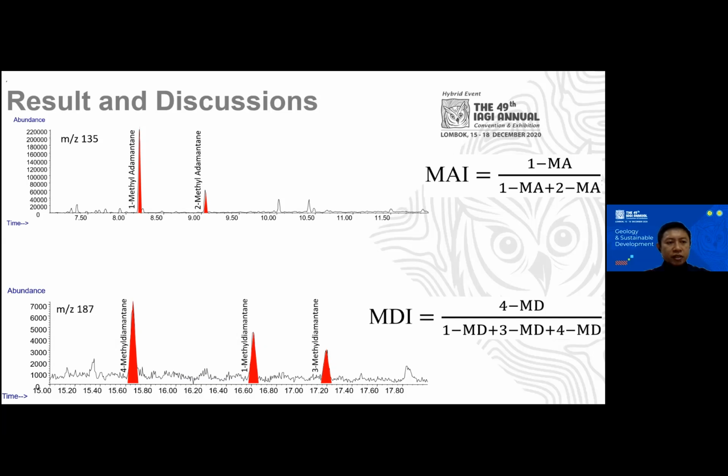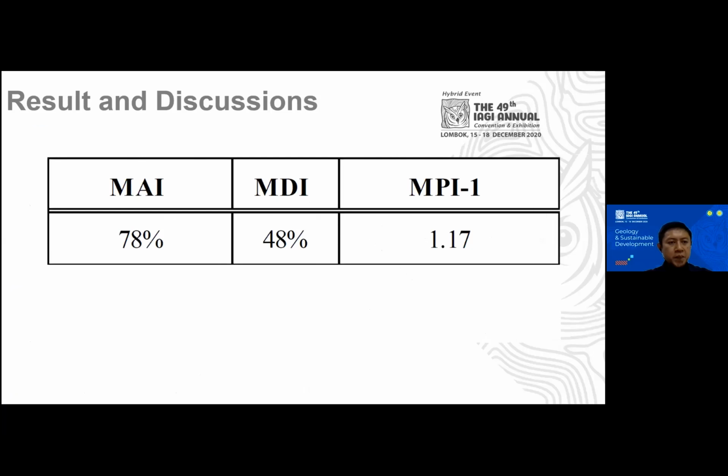The results of the ratios are: the methyl adamantane index is 78% and the methyl diamantane index is 48%. As comparison, the ratio of aromatic biomarker commonly used to determine the level of maturity, which is the methylphenanthrene index, is also calculated, with a result of 1.17.